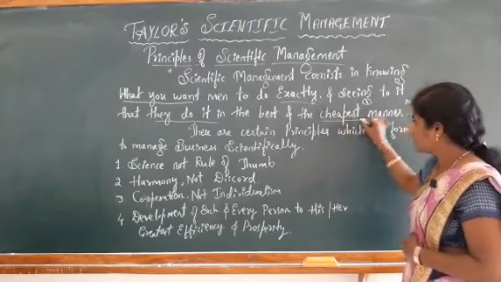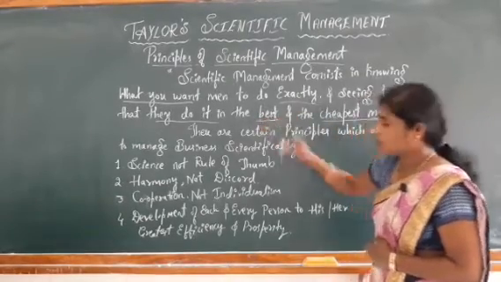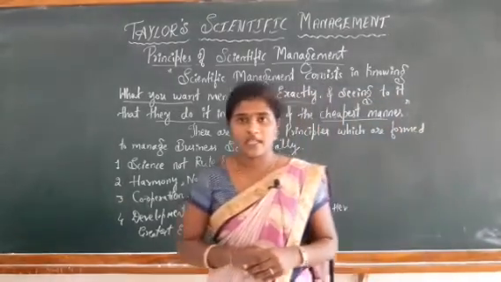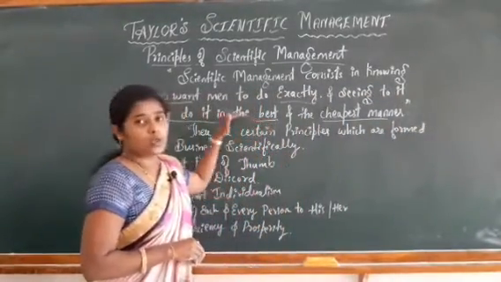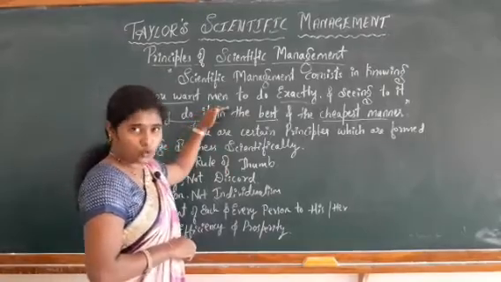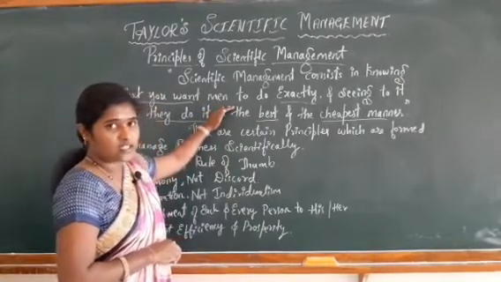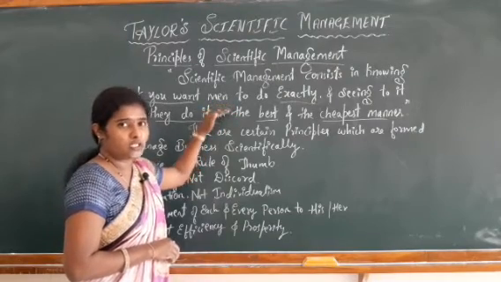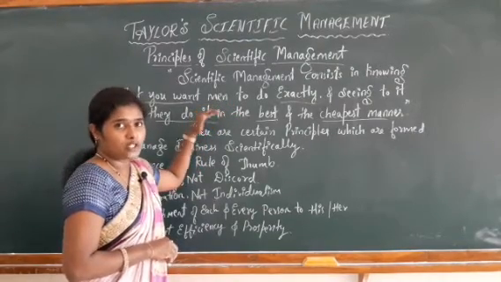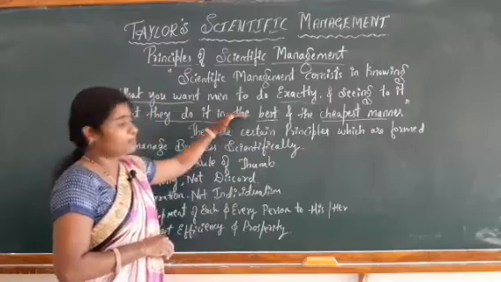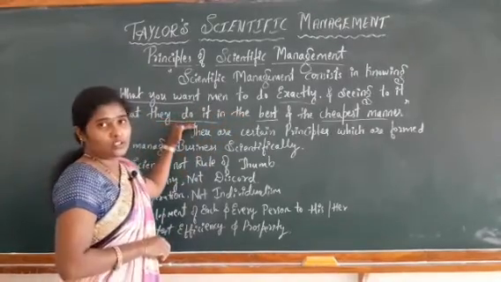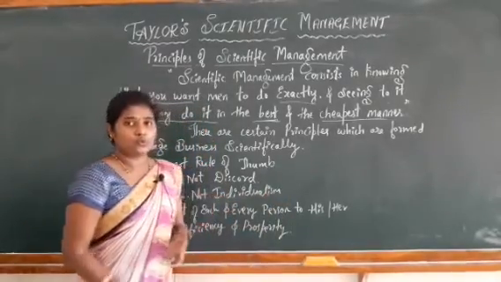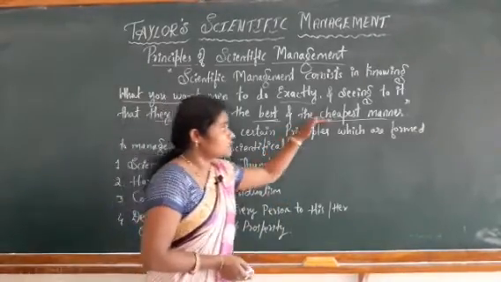So when you follow the principles, scientific management helps in knowing what men exactly want to do in a particular situation or task, and seeing to it that they do it in the best and cheapest manner.